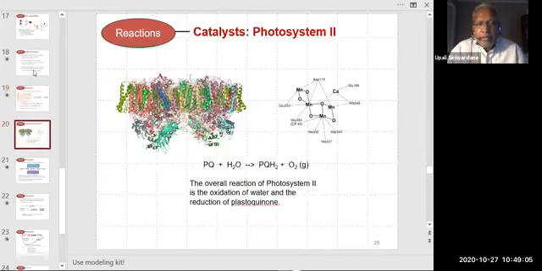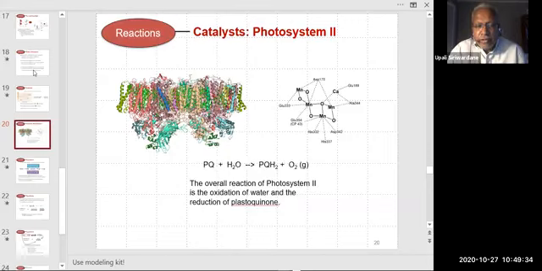One of the enzymes that we use in photosynthesis, called photosystem 2, is an enzyme that catalyzes the oxidation and reduction of plastoquinone from water, hydrogen from water.